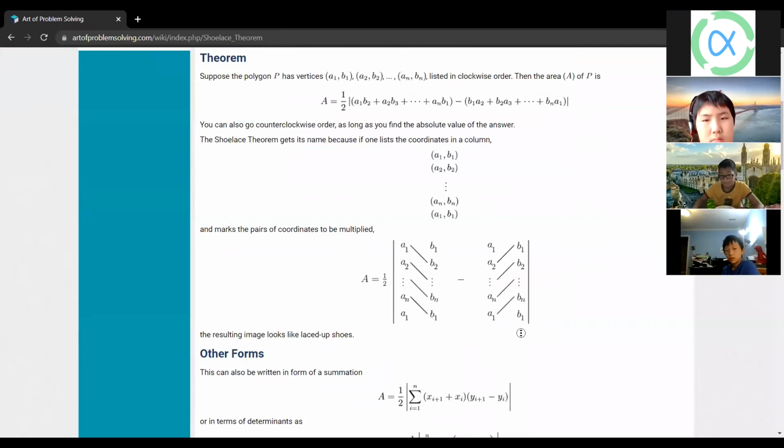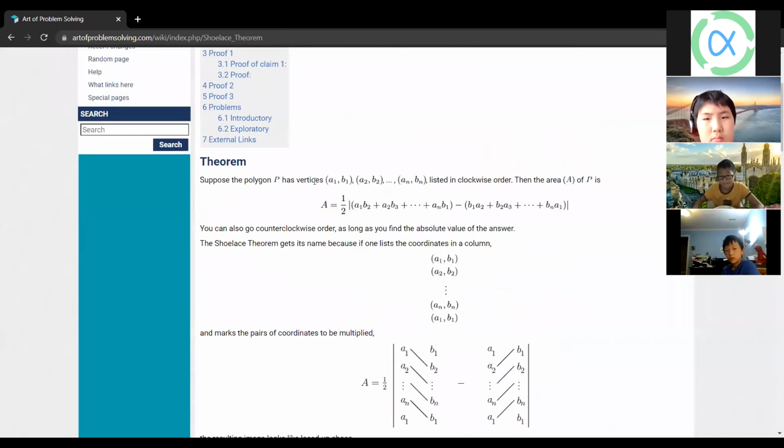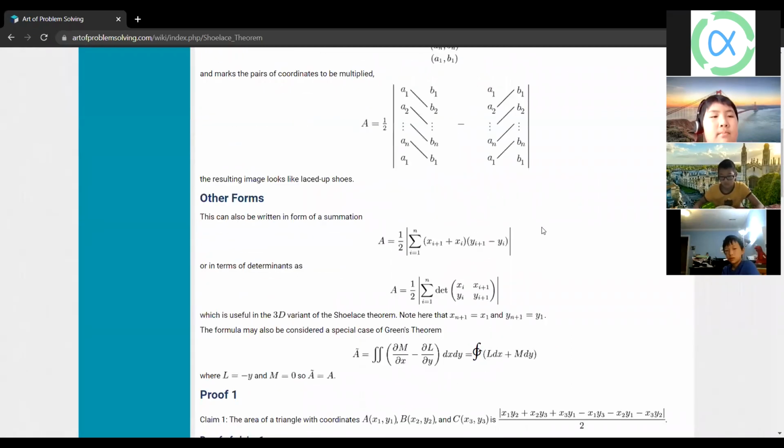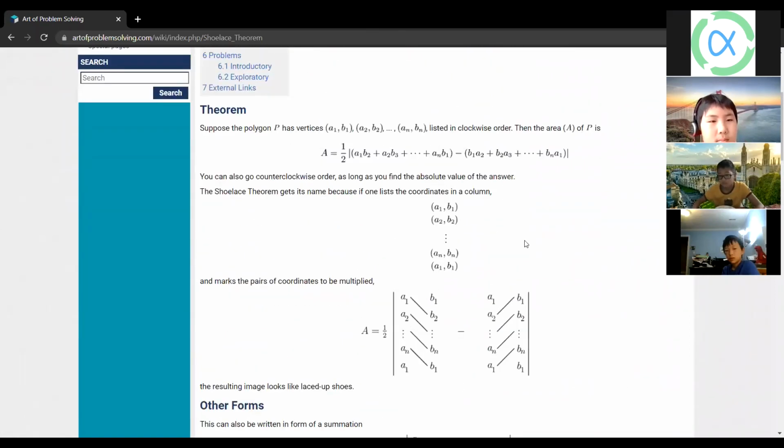The Shoelace theorem says that if you have a polygon P with vertices A1, B1, A2, B2, all the way to AN, BN, where the vertices are listed in clockwise order, then the area of P, the polygon, is 1/2 times the absolute value of A1 B2 plus A2 B3 all the way to AN B1, minus B1 A2 plus B2 A3 ... BN A1.